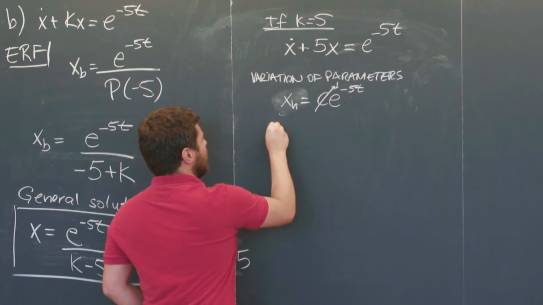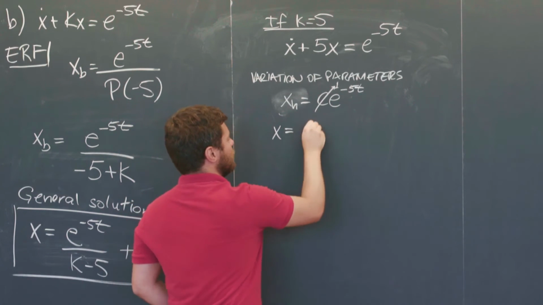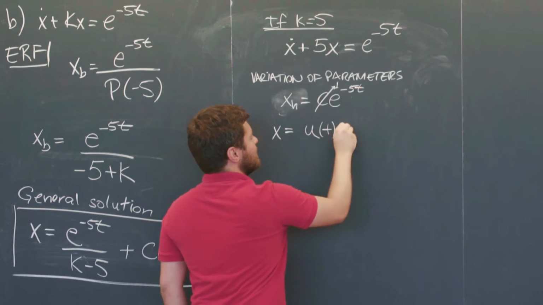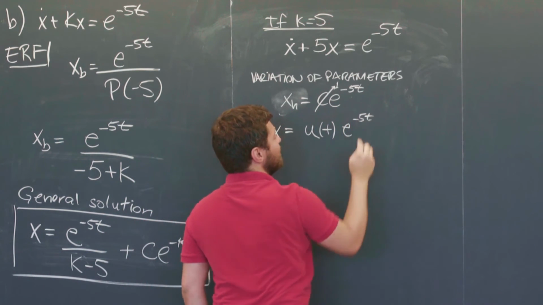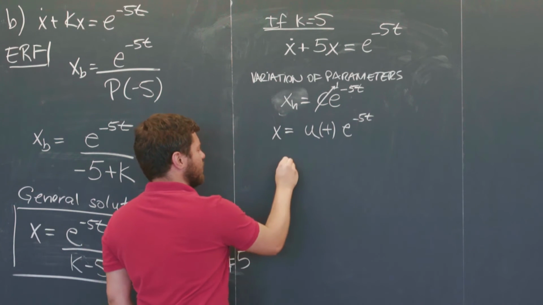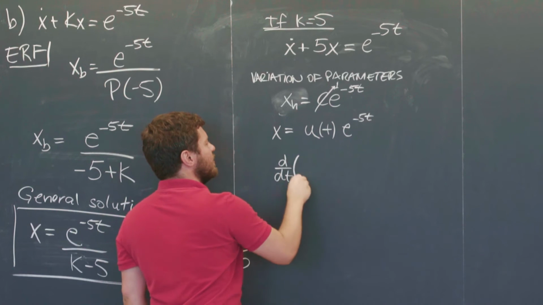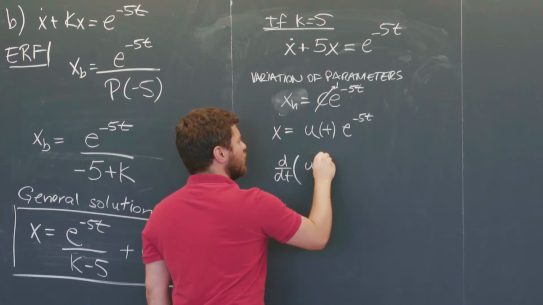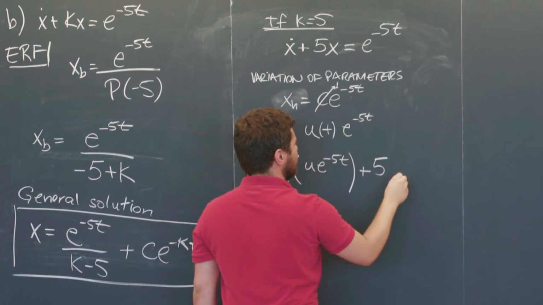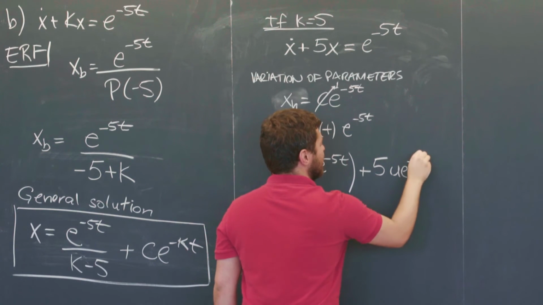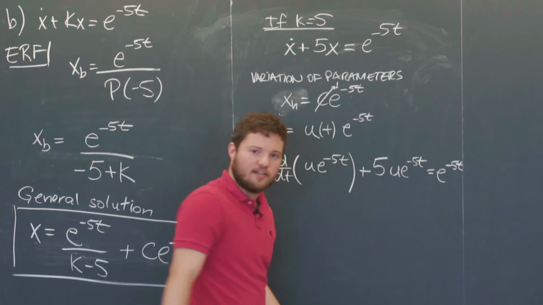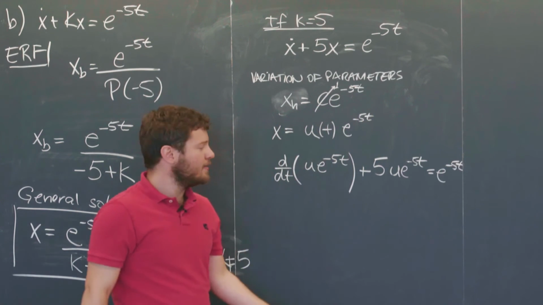So now x will be equal to u, our introduced parameter, which is a function of time, times e to the minus 5t. We plug this into our ordinary differential equation, and we get d/dt of u e to the minus 5t plus 5 times u e to the minus 5t, and all of that has to be equal to e to the minus 5t, which is our right-hand side.